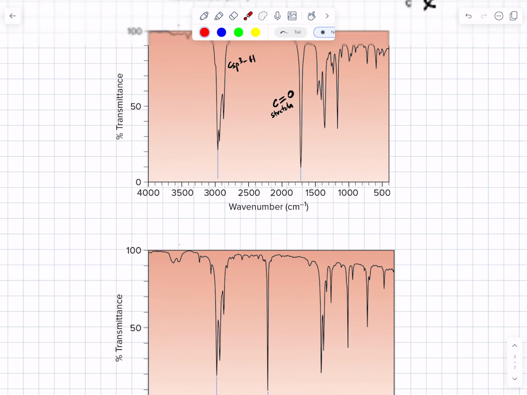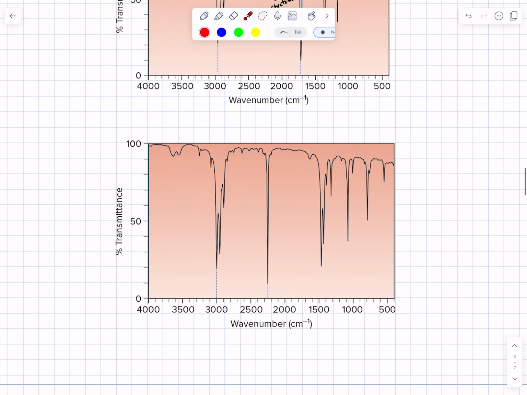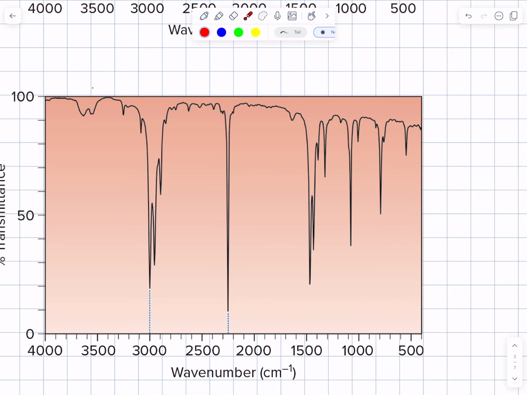But if you look at our table, the 2250 region is where we expect triple bonds. So this could be either a carbon-carbon triple bond, or a carbon-nitrogen triple bond. We don't know at this stage. We would need additional information from other sources to distinguish between those.